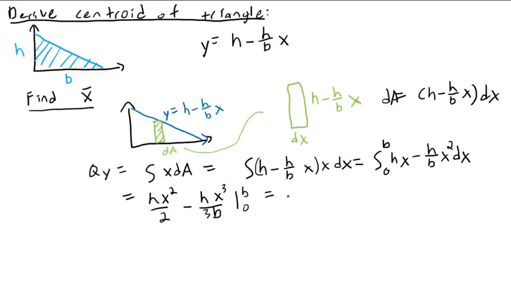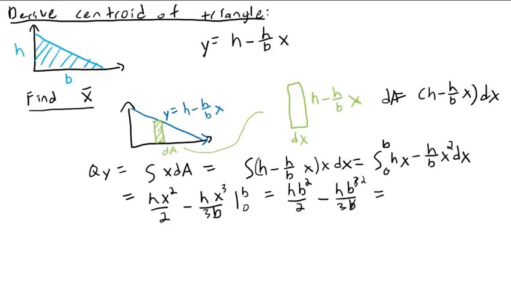So yeah, this is turning out the way I like it then. This is going to be h b squared over 2 minus h b to the third over 3b. That becomes squared, that goes away. So we end up with, okay, let's combine these together.